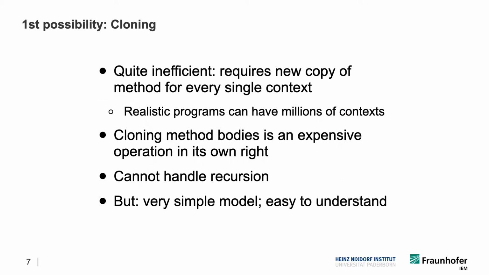It's quite inefficient: you require a new copy of a method for every single context, and realistic programs can have millions of such calling contexts. In particular, cloning is typically not sufficient on a single level. You might not just have to clone a single callee, but also its callees. You have to expand a tree of possible callees, and that can quickly make this intractable.